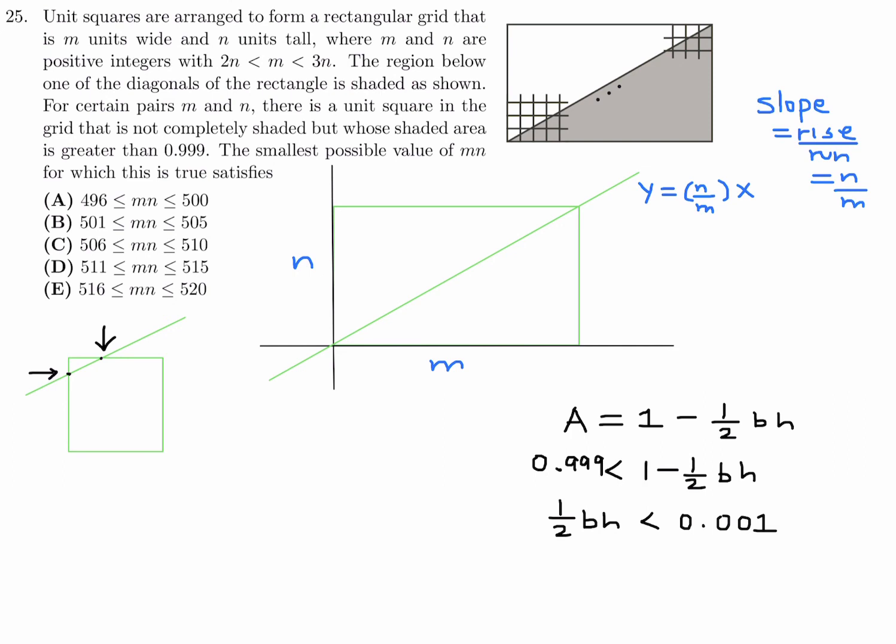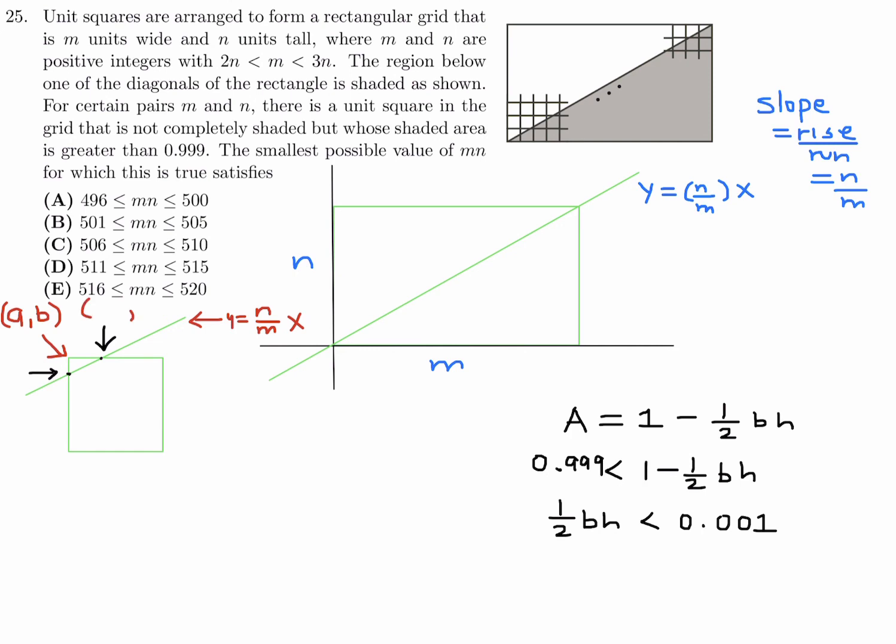Okay, so now let's go back and figure this out in terms of coordinates. What I'm going to do is first and foremost label this corner right here. That corner I will just call something. I'll call it AB, let's say. Okay? And therefore, because this line has the equation y is equal to n over m x, that means that this point right here has the same y coordinate, correct?